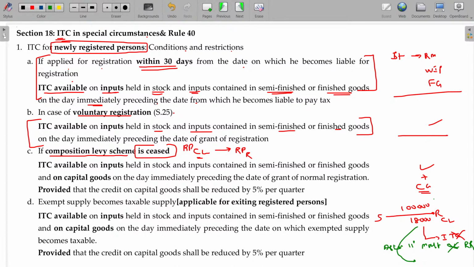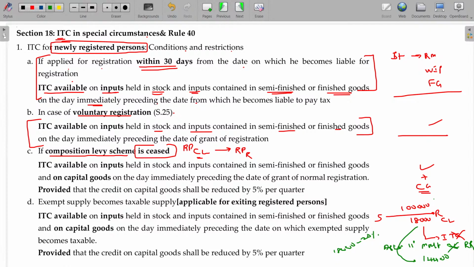For 11 months means you have completed 4 quarters. You have to round up to the full quarter. Even if you use it 1 day, it will be considered as 1 quarter. So 11 months means 4 quarters, per quarter 5%, so for 4 quarters 20% will be subtracted. 18,000 rupees minus 20%, that is 3,600, so 14,400 ITC will be available.